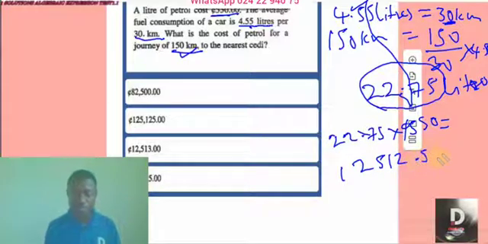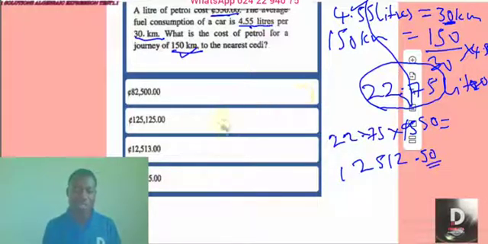Remember, this is money. So you add your own zero to it, making it 12,512.50. This is another logic part the examiner expects you to apply. Anytime you have something in monetary terms, unless otherwise stated, and get one decimal place, add your own zero at the back to make it 2 decimal places. This is pesewas, 50 pesewas.